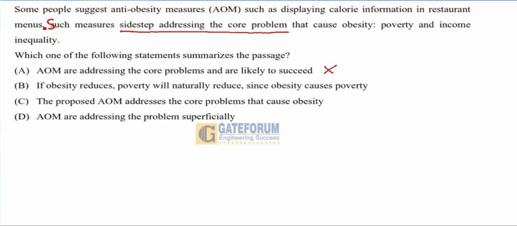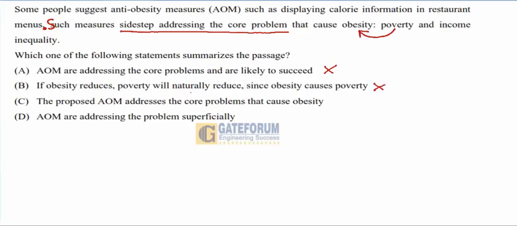See the next one. If obesity reduces, poverty will naturally reduce. But here it has been said that poverty is the reason for obesity. So here they are saying in the option the opposite, obesity is the reason for poverty, which is entirely wrong.